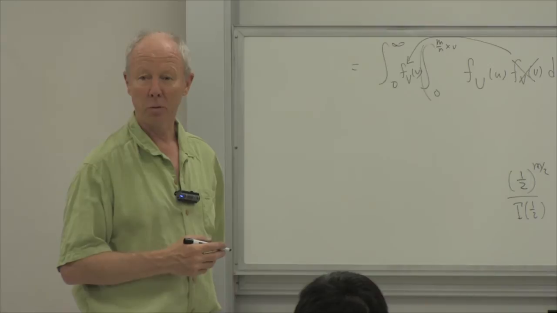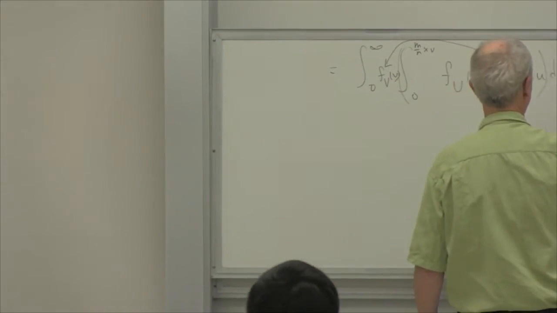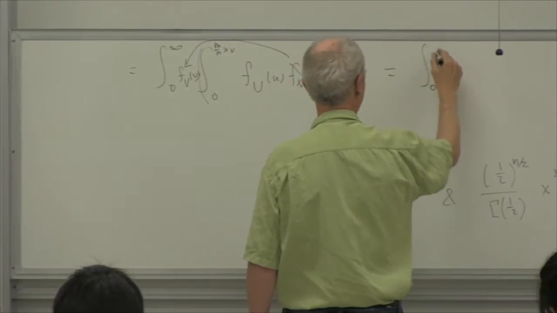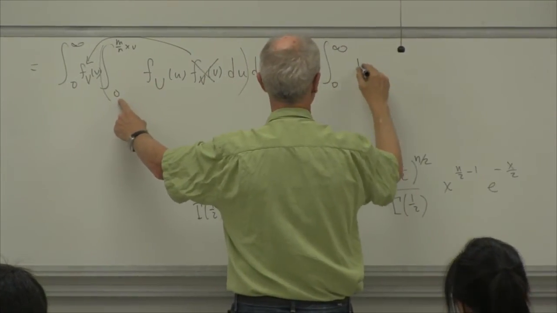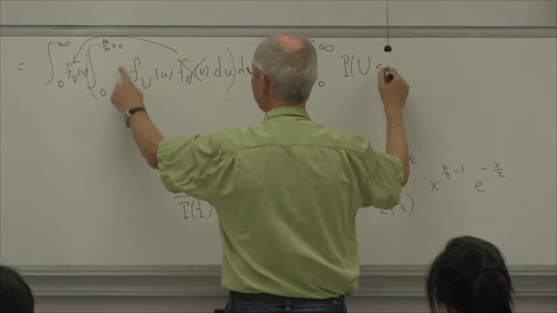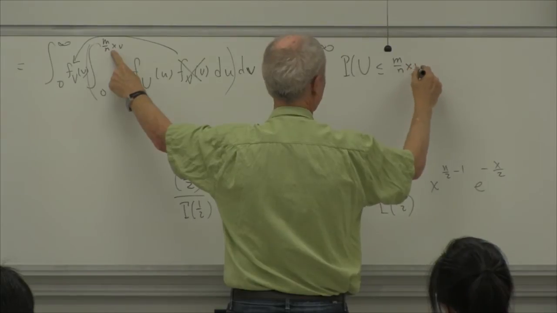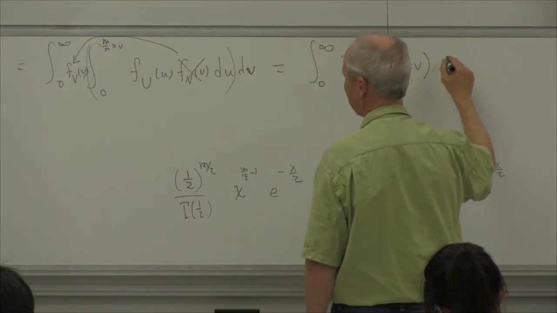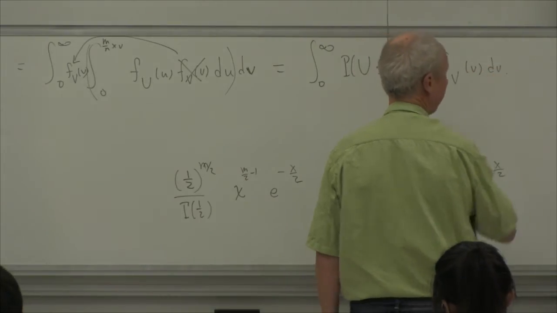That's the CDF for U, evaluated at the upper limit. So I'm going to write that first. This is the CDF for U, so that's the probability that U is less than or equal to that value. Okay, so that's what I wrote here.